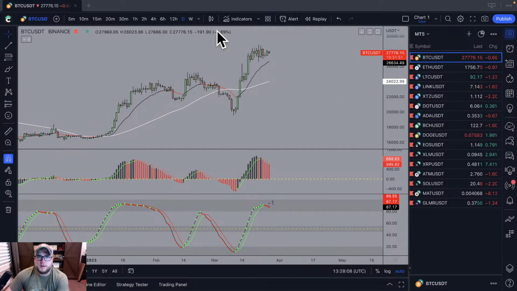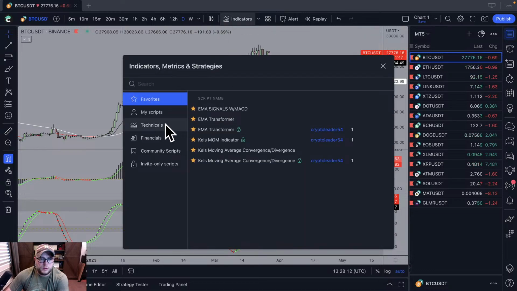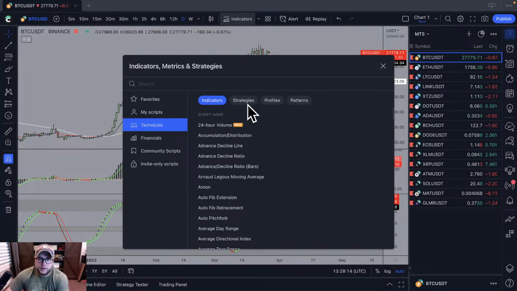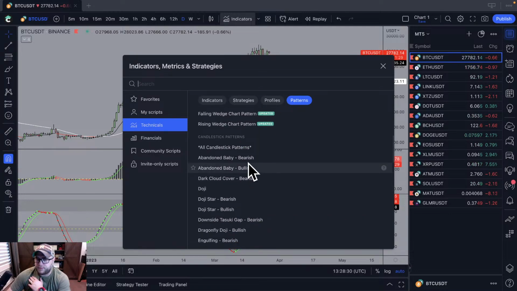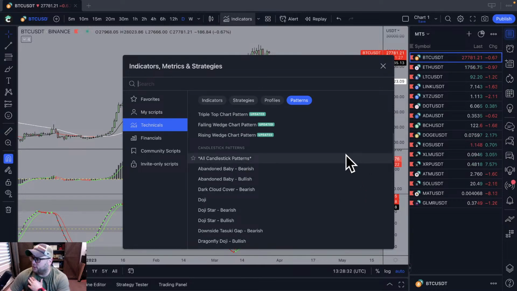Before I start that, TradingView has a new technical indicator for patterns. It has the bullish flag, the bearish flag, double bottom, double top chart patterns, and Elliott wave patterns. I had them on my charts over the weekend. They're not that great.